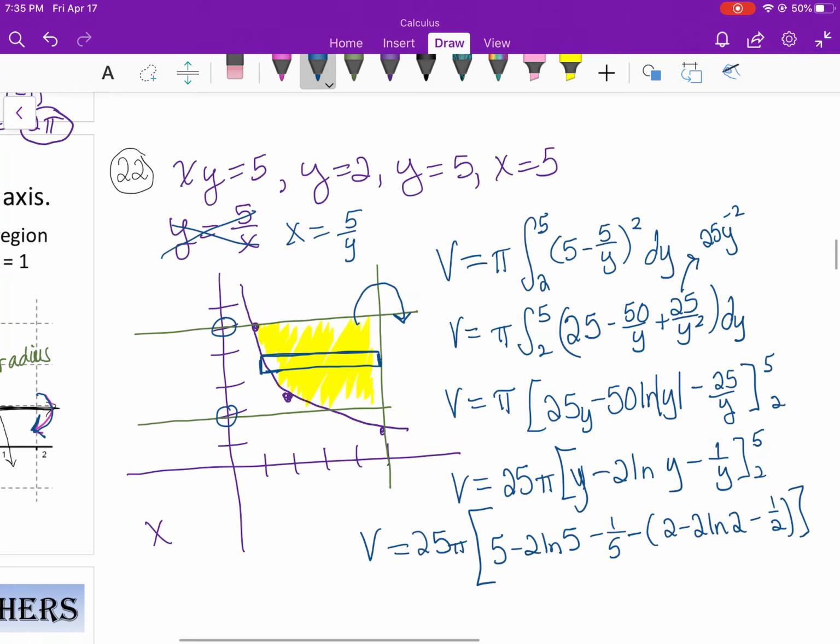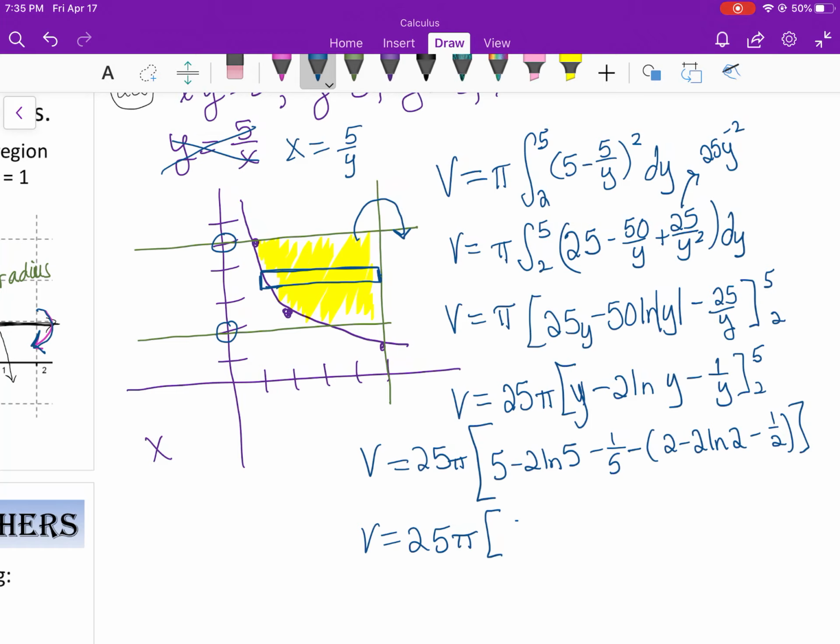Okay, and we'll clean all of that up. Now, of course, you can put all of this in your calculator if you want, or you can keep on going with trying to clean it up. 5 minus a fifth is 24 over 5, so that takes care of those two.